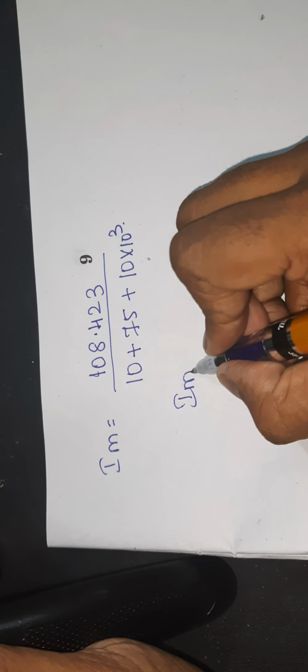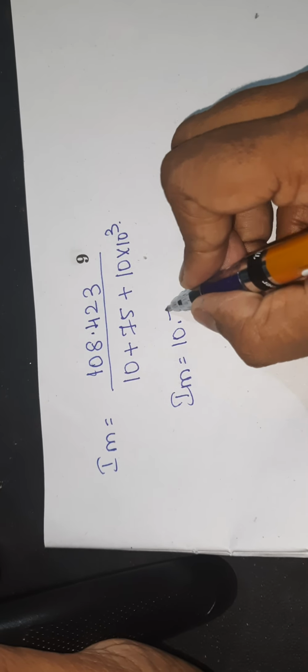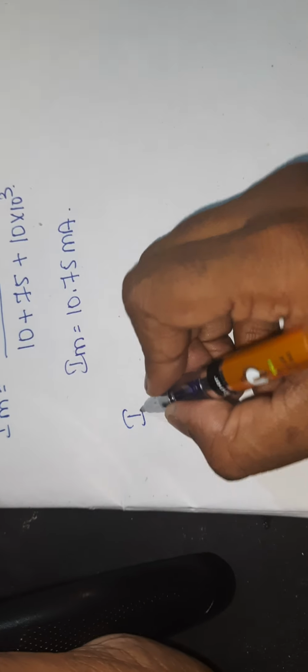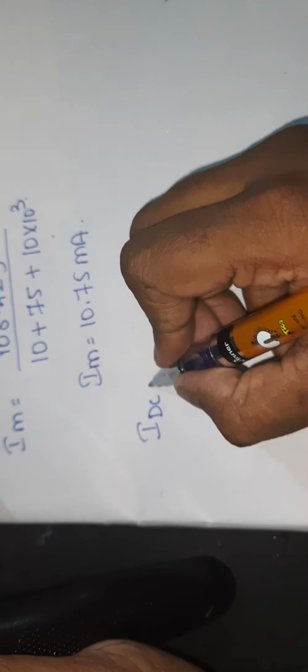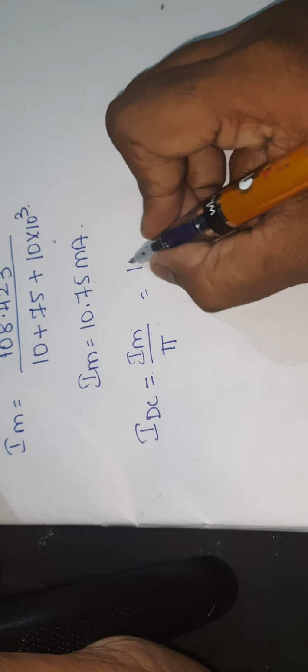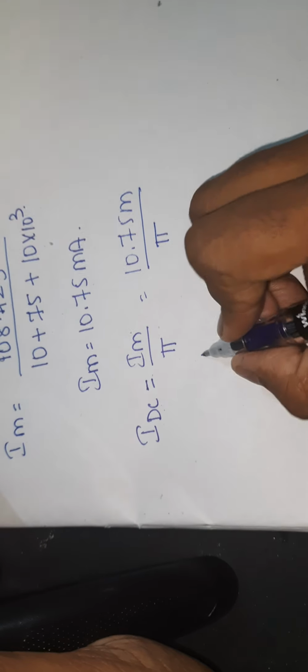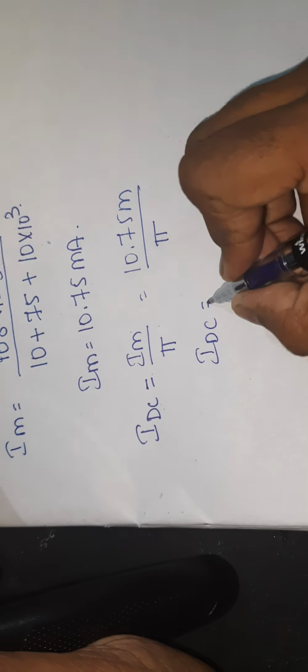Calculate it, then I will get Im. Next I have to find out IDC. I have a formula, IDC is equal to Im by pi. Substitute this Im there and calculate. That will be your IDC.